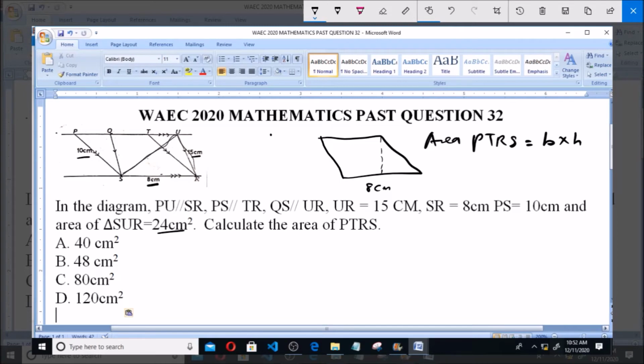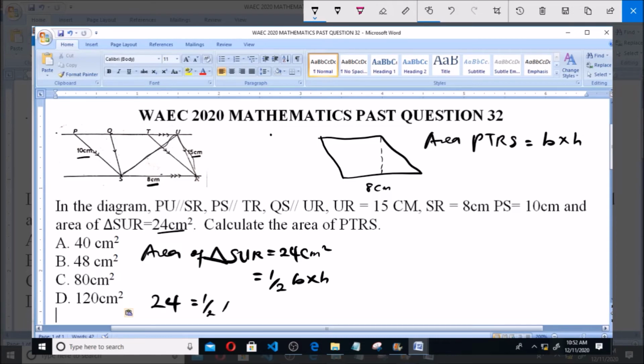of this triangle SUR. Remember, they say the area of triangle SUR is equal to 24 centimeter square, and the area of a triangle is given as half base times height, and the base is 8 centimeters. So it simply means that 24 is equal to half times 8 times h.